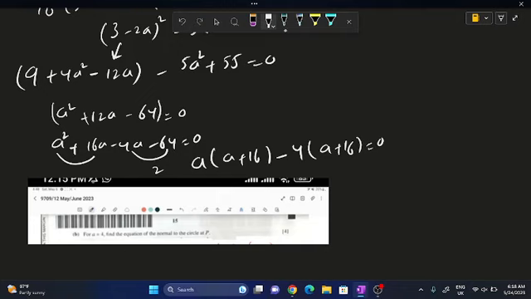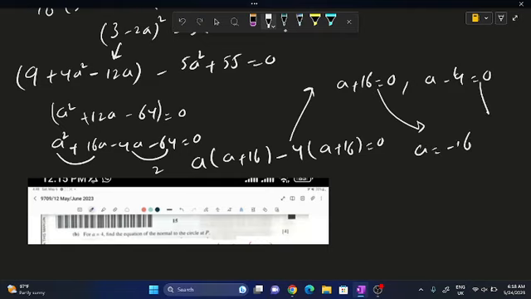Now I can solve this as a plus 16 is equal to 0 and a minus 4 is equal to 0. Solving this one gives me a is equal to minus 16, and solving this one gives me a is equal to 4.